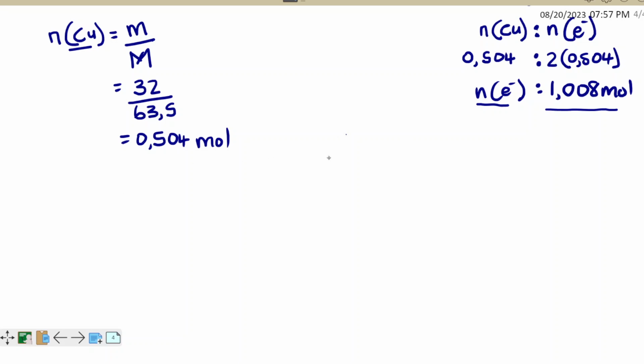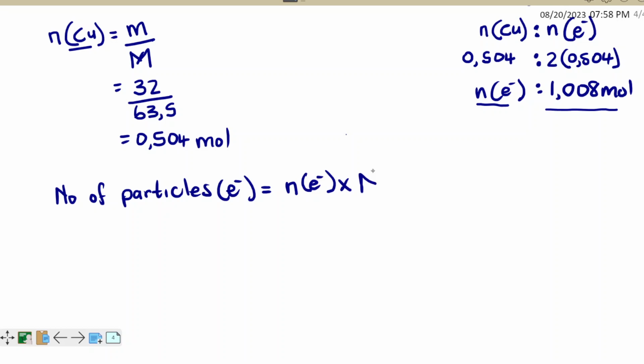So now we move to formula number 3. We want to find the number of particles or electrons. Particles or electrons, we said, is equal to the number of moles, which we just calculated, multiplied now by the Avogadro's number.